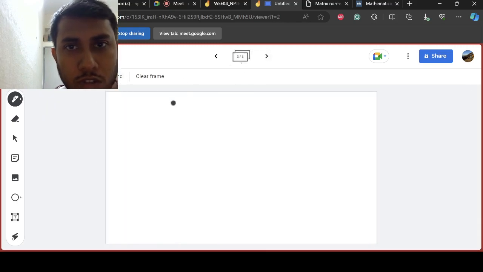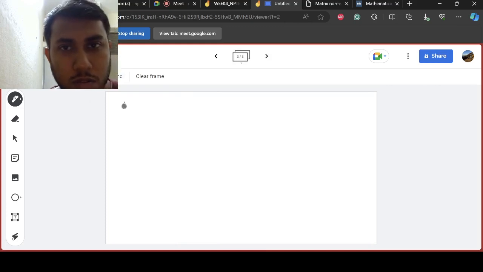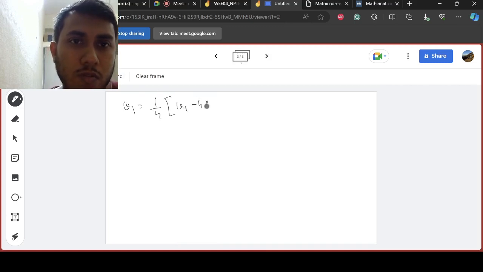So if we solve this, V1 is equal to 1 by 4 (V1 minus 42).